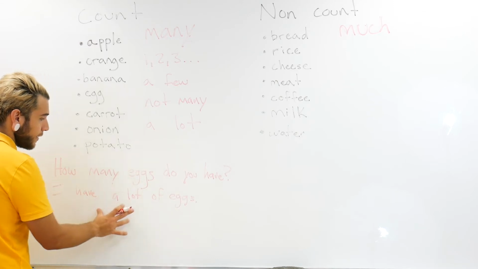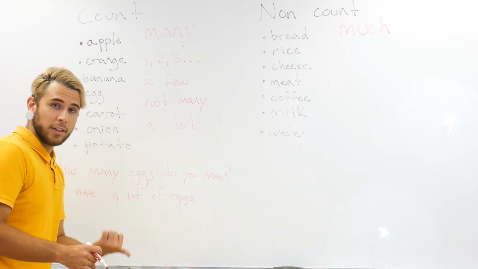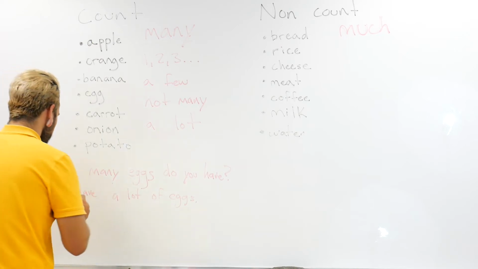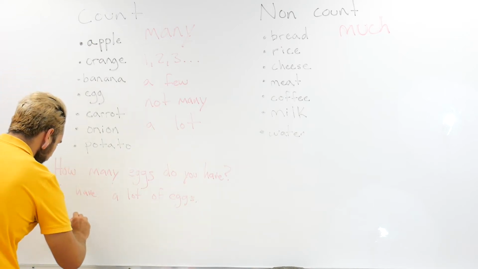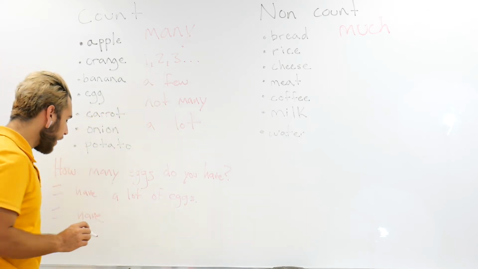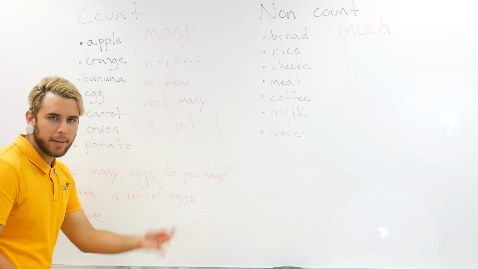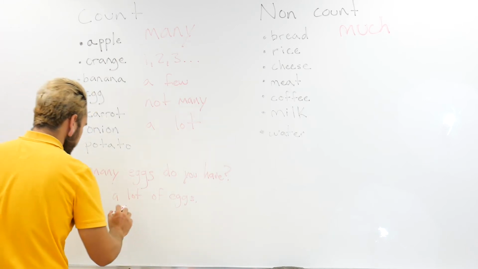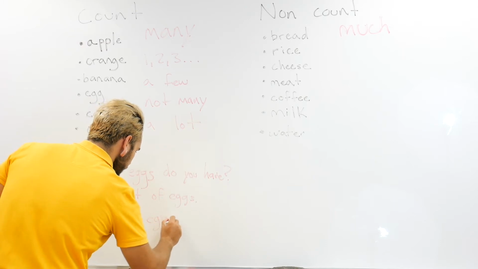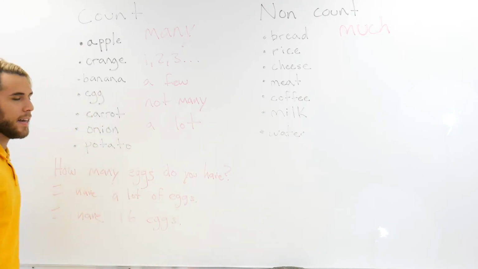But the better sentence, with more of a description and more exact, is I have a lot of eggs. You can also say I have, and put the actual number. So I have a lot of eggs can be, let's say, more than 12. So we'll say I have 16 eggs.